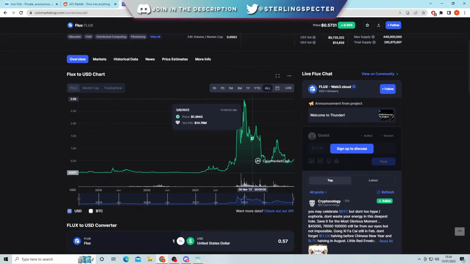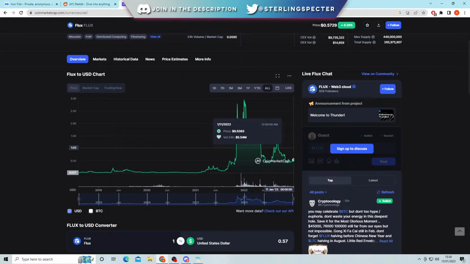Let's see all time. I remember it was at like $3. So it was at $2.89, and it's down to, what is this right here? 53 cents. So not as much of a jump as Kadena, because Kadena was kind of already established.